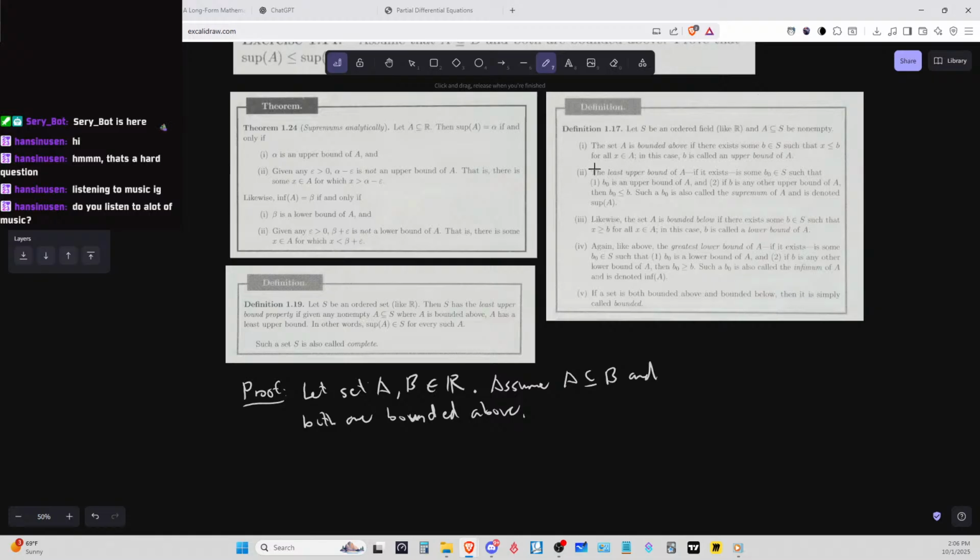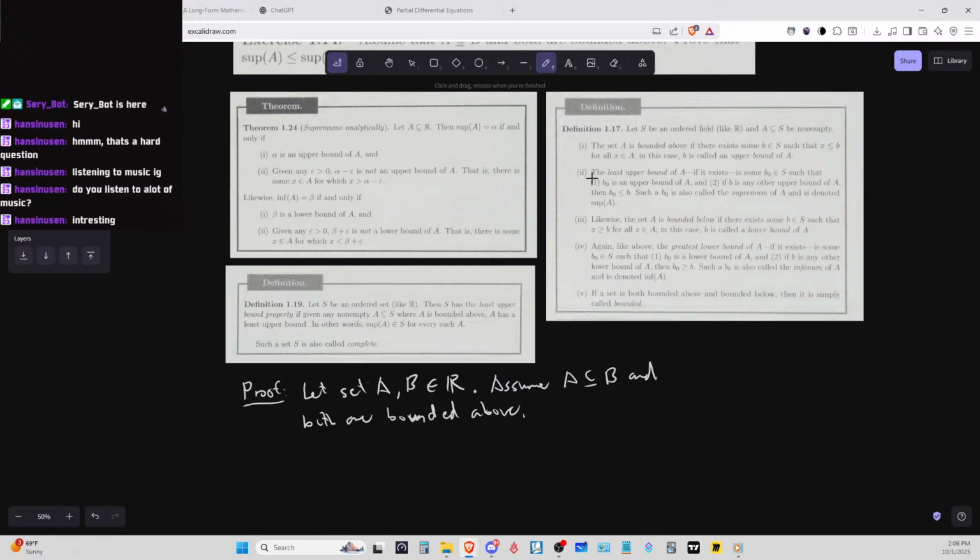Let's see, such X. Let's see, the least upper bound of A. There exists some. Okay, so it's bounded above. Okay.